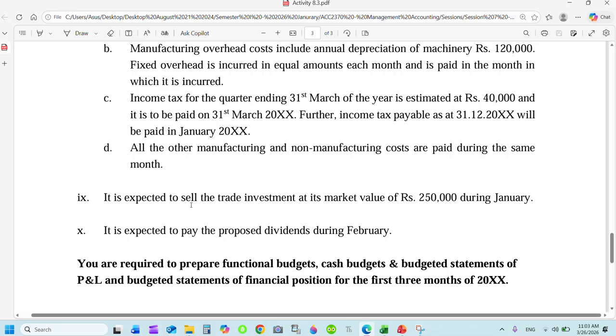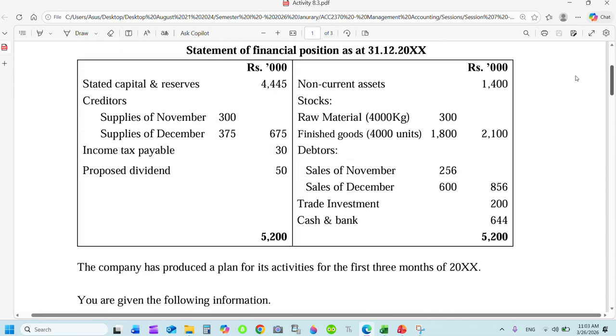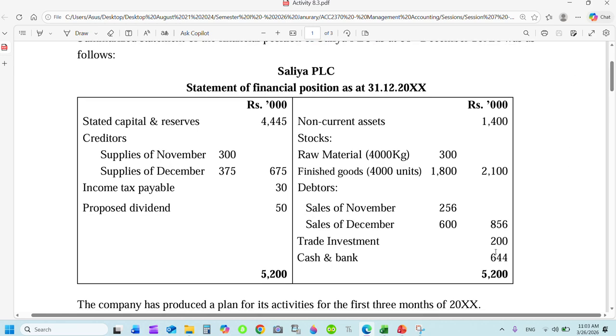It is expected to sell trade investment and its market value is 250,000. It is said we sell this trade investment during January at a market value of 250,000. Let's look at the balance sheet to see whether we have trade investment. Yes, we have trade investment of 200,000.